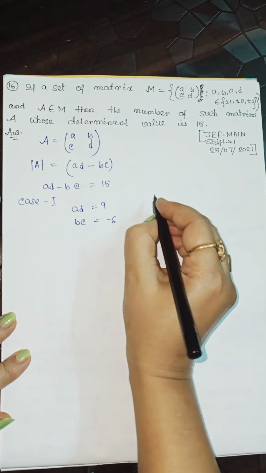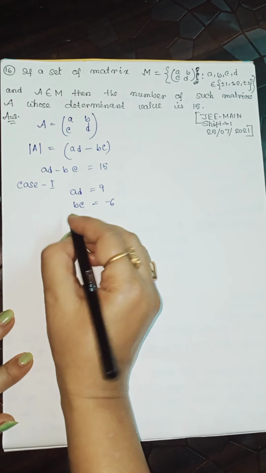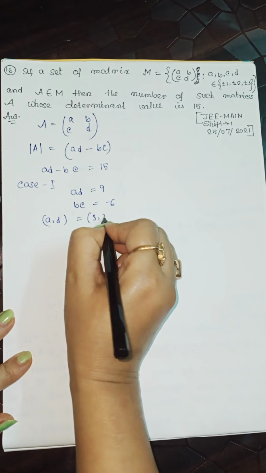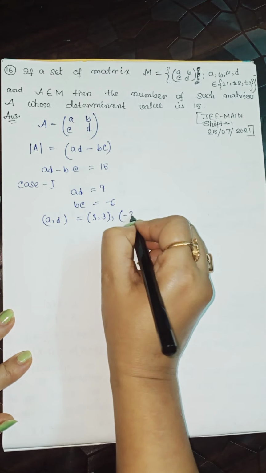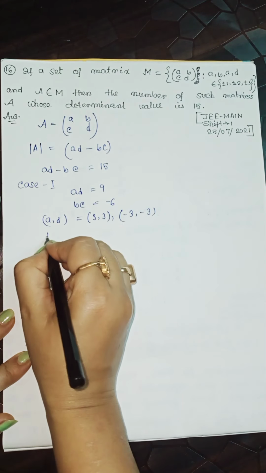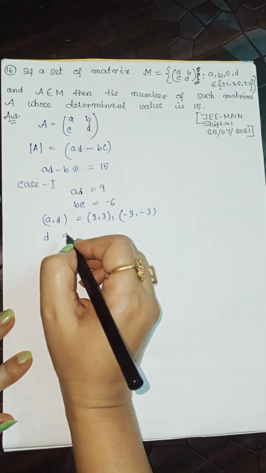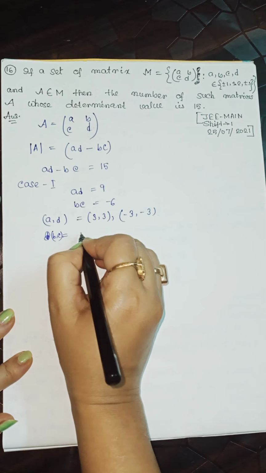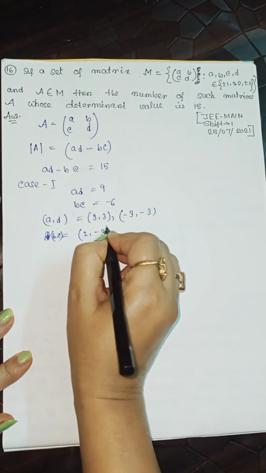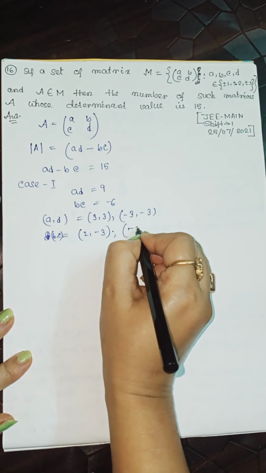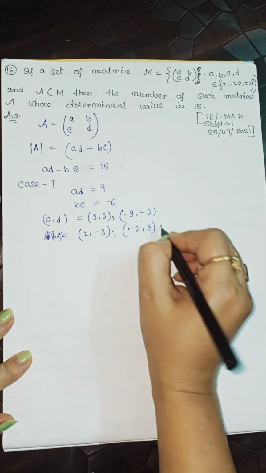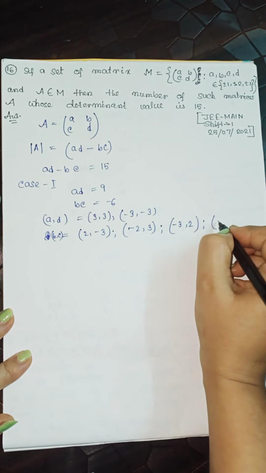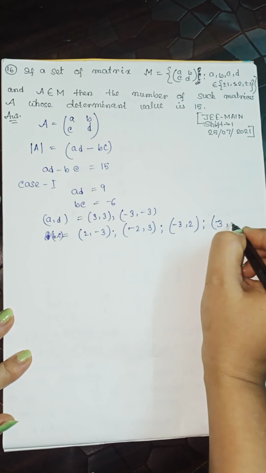So how many cases happen here? A comma D is either 3 3 or minus 3 minus 3, and BC is equal to 2 comma minus 3, minus 2 comma 3, and interchanging the signs, that is minus 3 comma 2 and 3 comma minus 2.